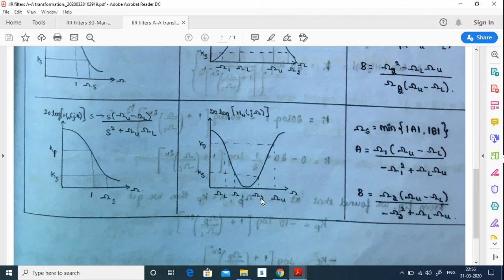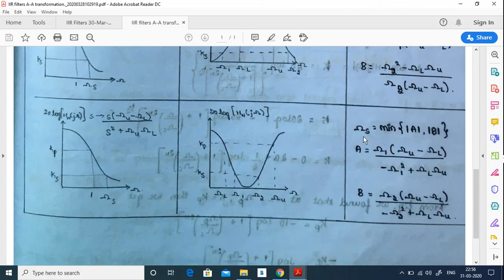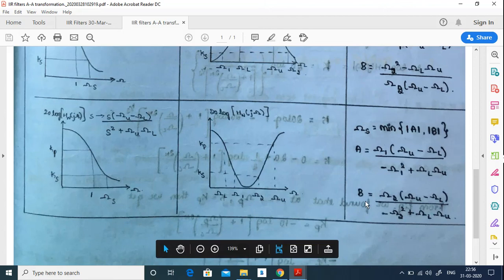Suppose they have given you this and you want to get back this, then use this particular formula: omega s is equal to the minimum of magnitude A, magnitude B, where A is given by omega 1 into omega u minus omega L divided by omega 1 square plus omega L omega u. Similarly, B is given by omega 2 into omega u minus omega L divided by minus omega 2 square plus omega L omega u.